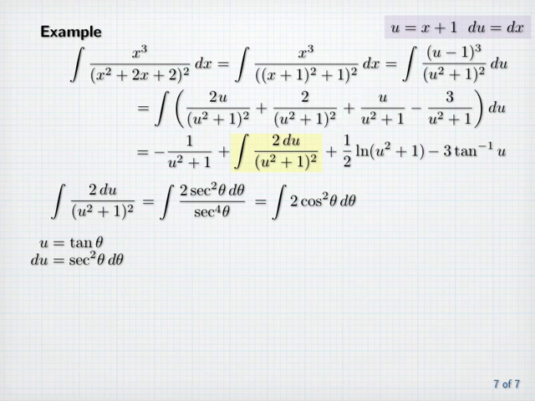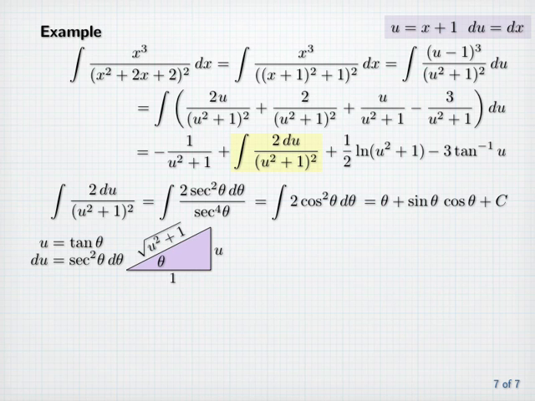So 2 times cosine squared is 1 plus cosine of 2 theta, and integrating that gives us theta plus 1/2 of sine 2 theta, and 1/2 of sine 2 theta is sine theta cosine theta. The theta here is simply going to be the inverse tangent of u, and we'll get sine theta and cosine theta from this triangle with opposite side u, adjacent side 1, and hypotenuse the square root of u squared plus 1.